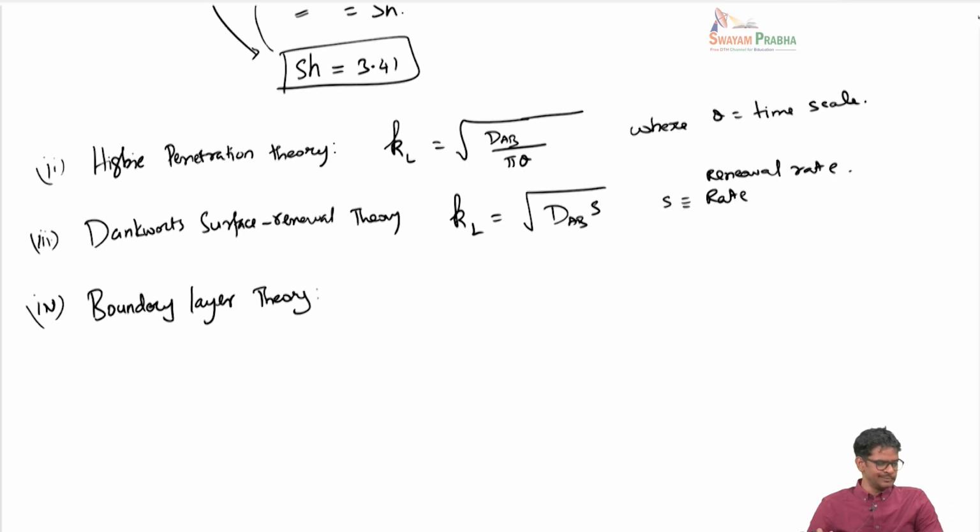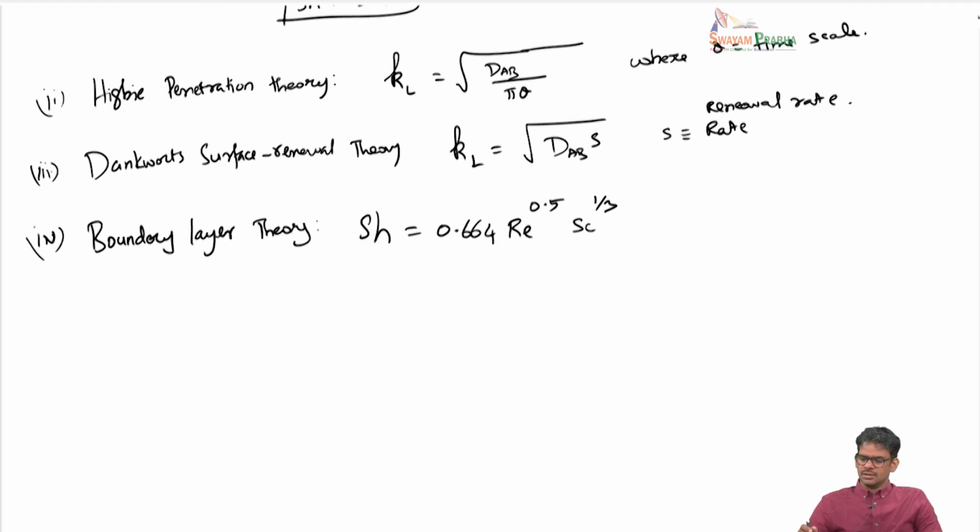So based on boundary layer theory, you might have studied heat transfer coefficient relations. In the same way, we also have an expression for Sherwood number, which goes something like this. Here the Schmidt number is defined as mu by rho DAB.